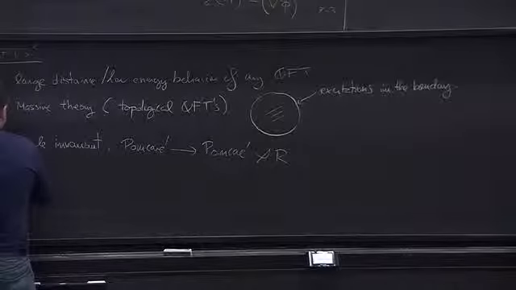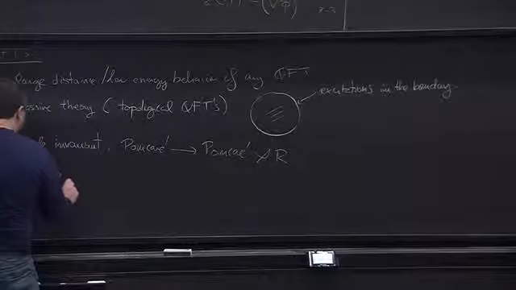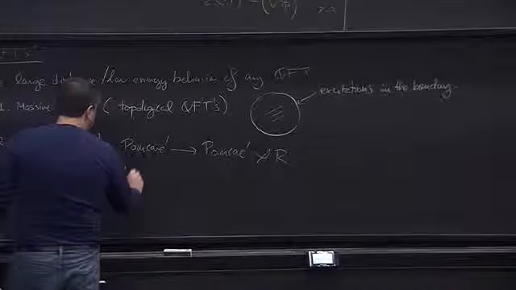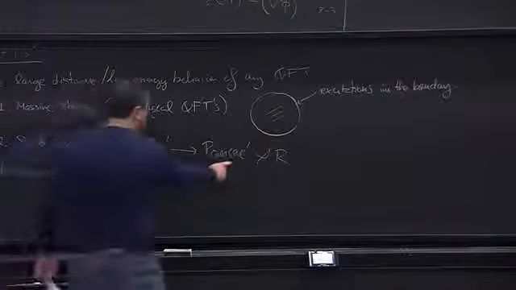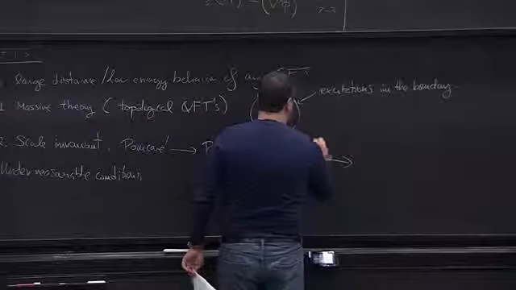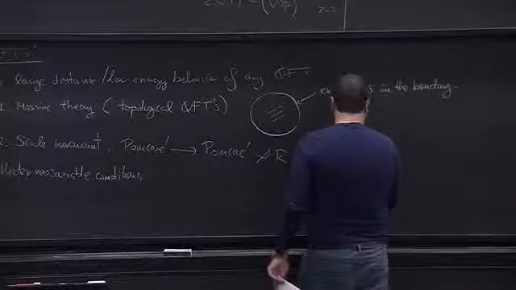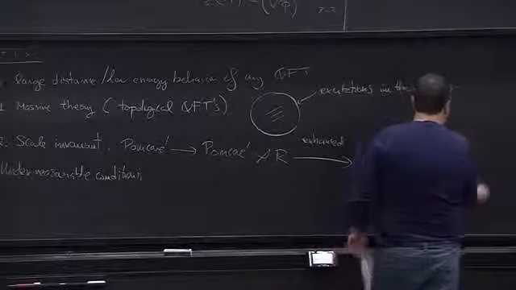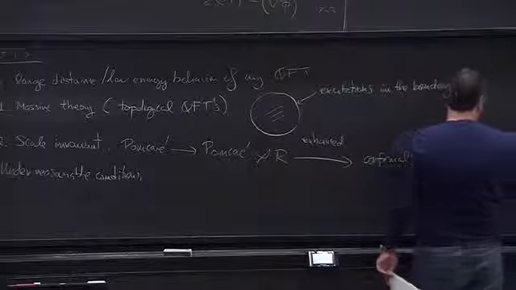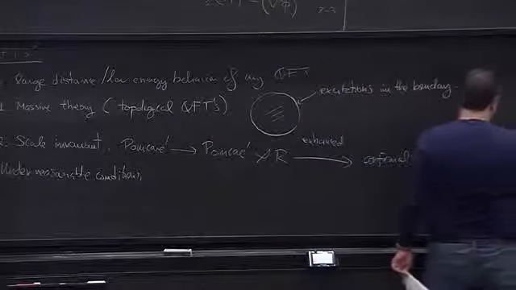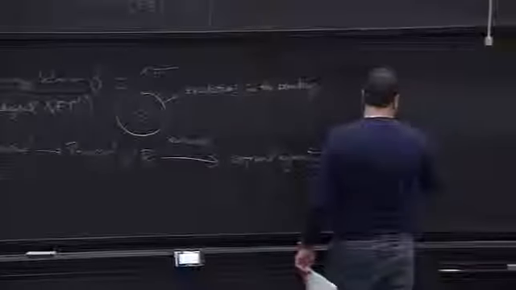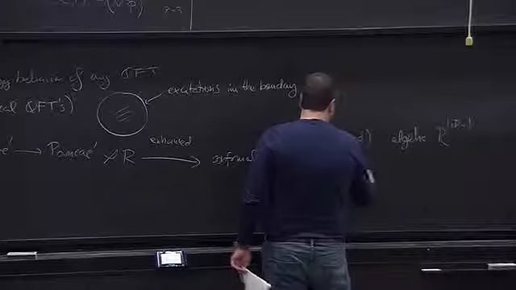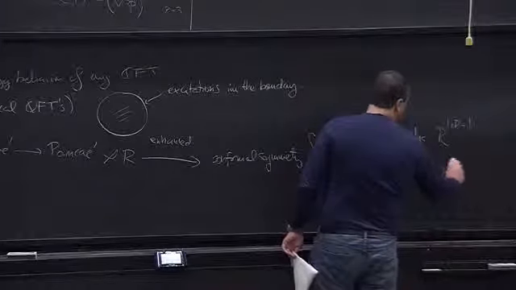Under reasonable conditions, which means that the theory is unitary, local, and so on, this symmetry is further enhanced to precisely the conformal group. We will see this tomorrow. This means that the symmetry will have an SO(2,D) algebra if we are in Minkowski space, or SO(1,D+1) if we are in Euclidean space.